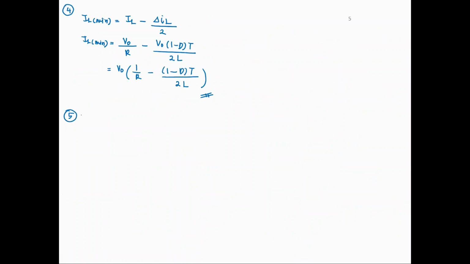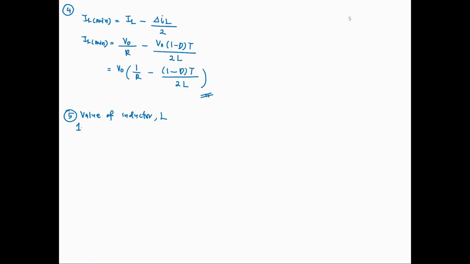The value of inductor. To find the value of inductor, there are two ways. We call them the first approach and the second approach. We look at the first approach first.